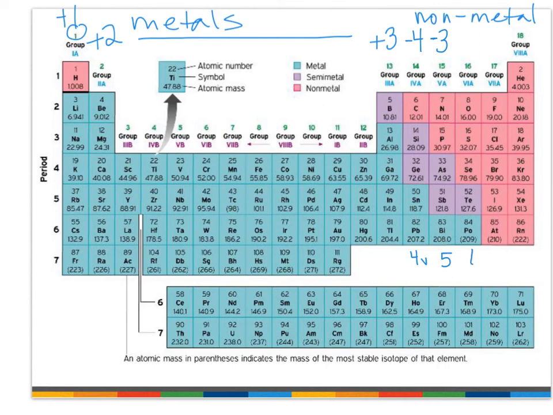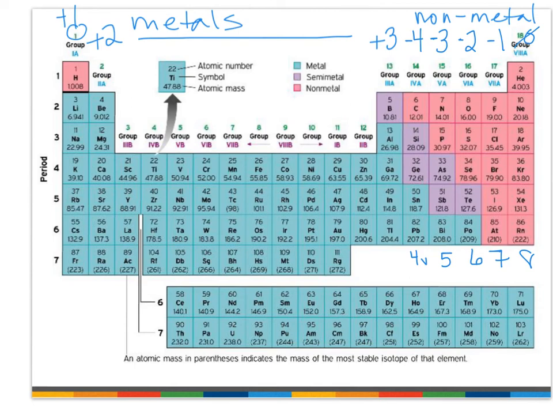Group 6 have 6 valence electrons, so they want to gain 2 electrons to be stable. Group 7 have 7 valence electrons, so they only want to gain 1 electron. And then group 8, which is the final group, they have 8 valence electrons in their shell, so they have a full shell, so they're stable, so they don't need any, so they don't have a charge.